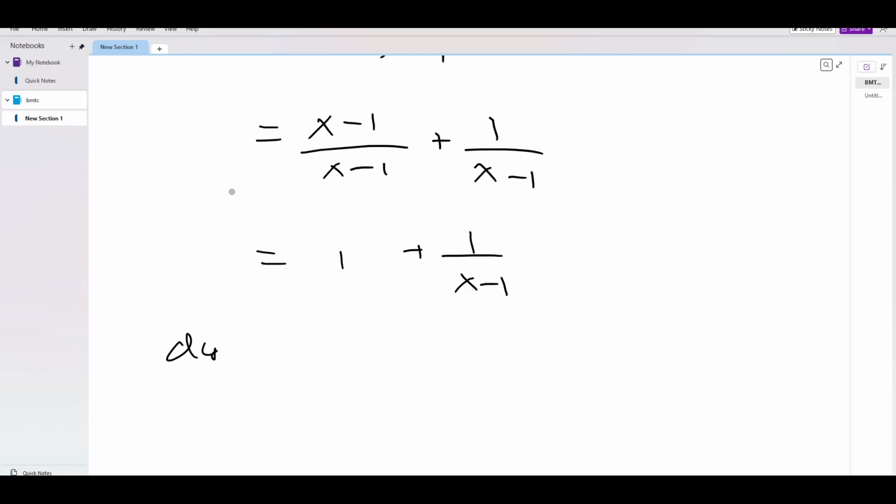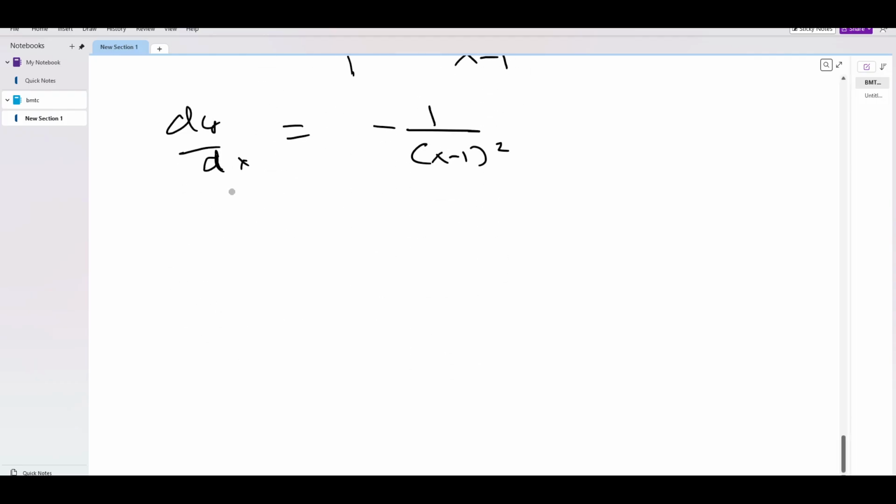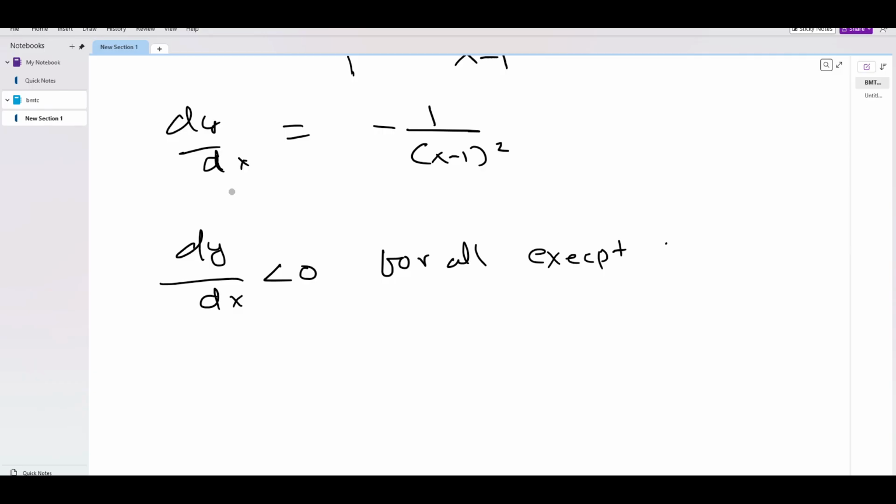The derivative dy by dx of this is, derivative of 1 is 0 because it is constant. Derivative of 1 by x minus 1 is minus 1 by x minus 1 whole square. So from this we can see that dy by dx is less than 0 for all x except x is equal to 1.